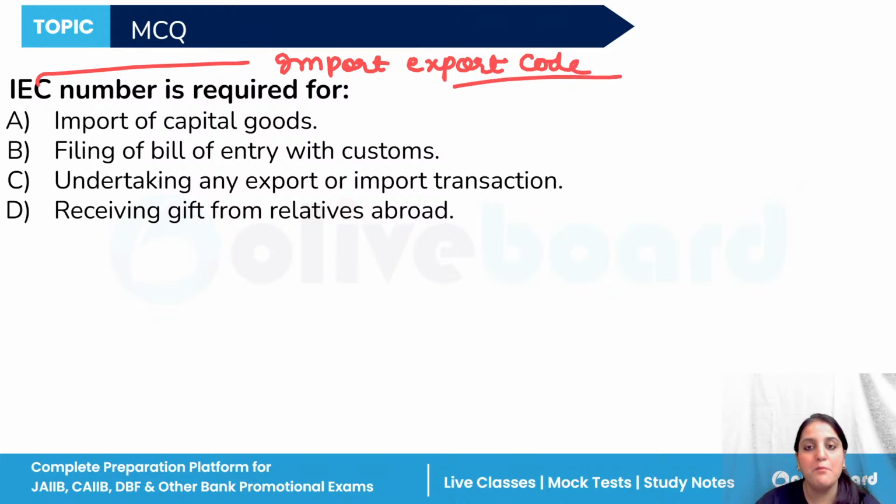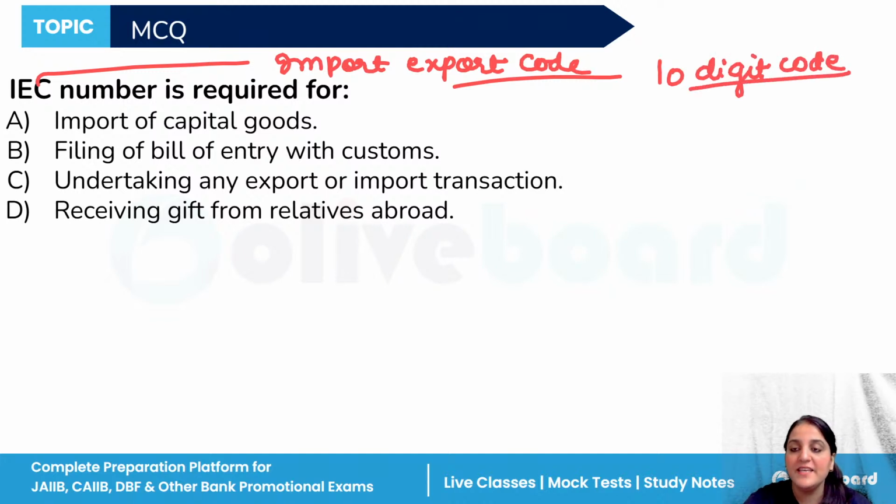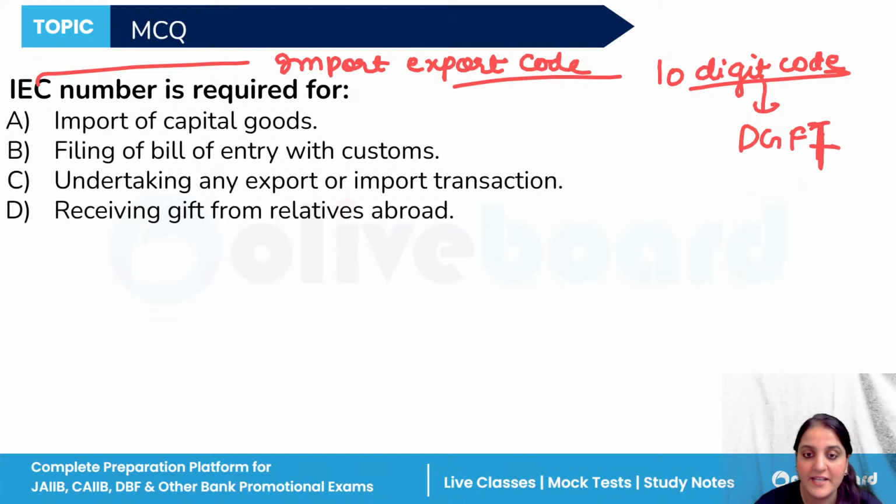IEC is import export code. It is a unique 10-digit code which is issued by DGFT. DGFT is the Directorate General of Foreign Trade in India, and it is mandatory for anyone who wants to engage in import or export activities.